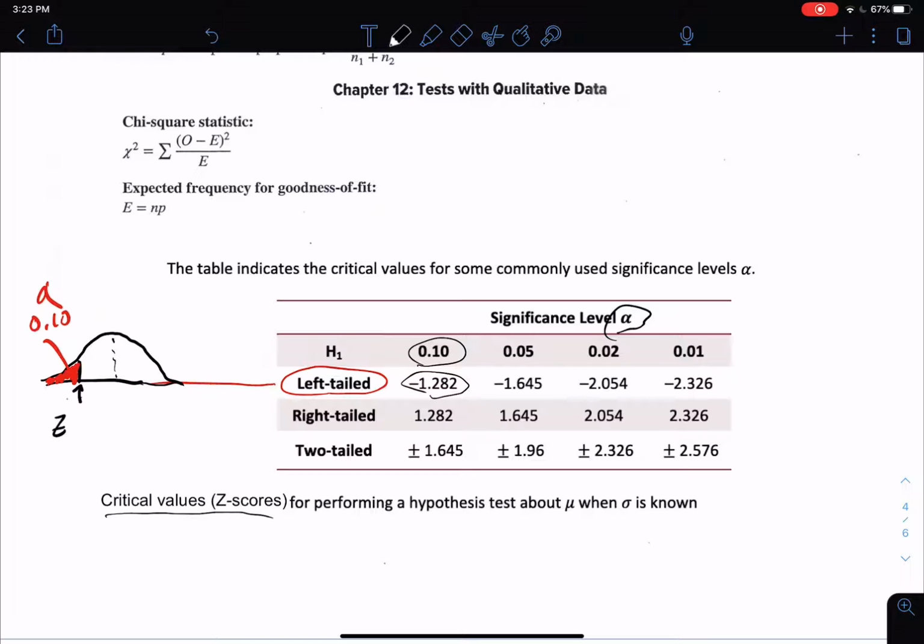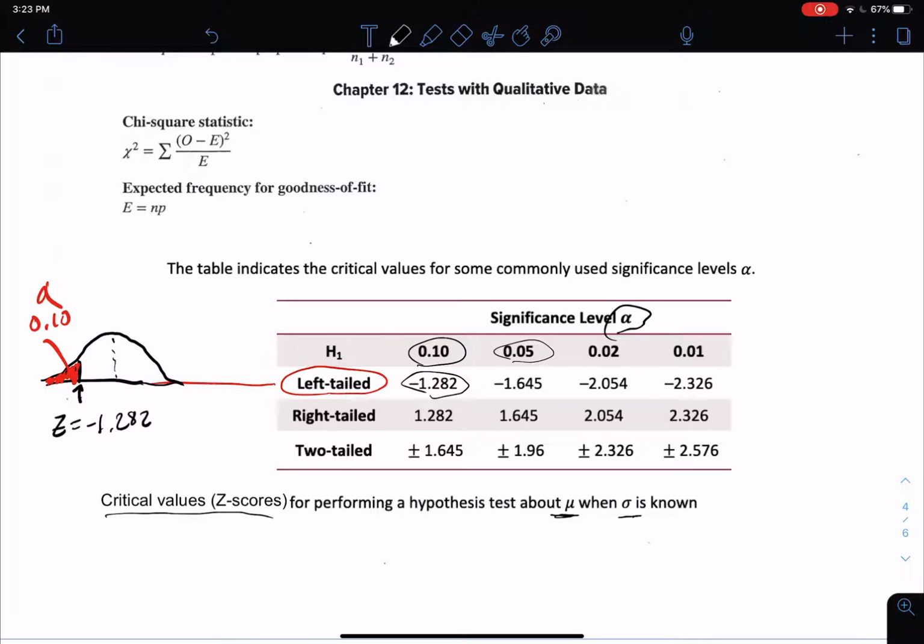And it's also for hypothesis testing for mu where sigma, once again, is known, which means 9.2. Anyhow, that value there is just going to be negative 1.282, right? And that changes. If you want a significance level of 0.05, then that moves over a little bit, and it gives you that value for that, okay?